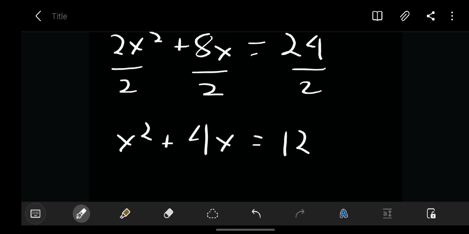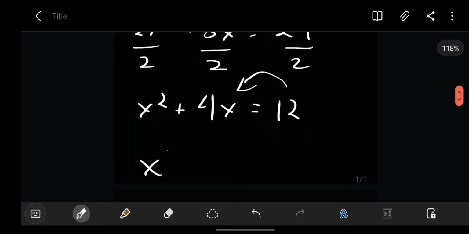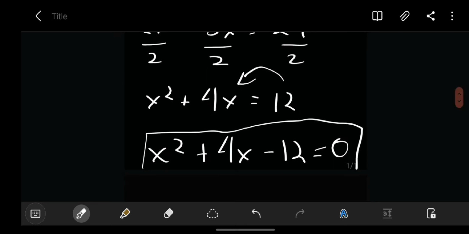Now let's move this 12 here to make it a quadratic equation. Now x squared plus 4x minus 12 equals 0. Why? Because I moved it there. Let's remember this because we're going to need it later.